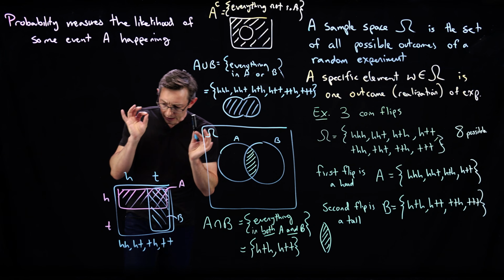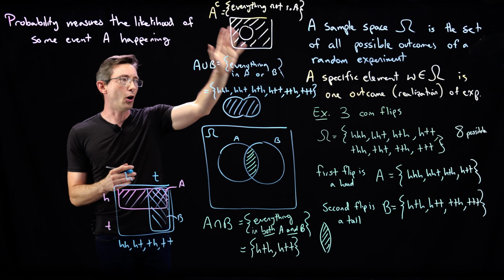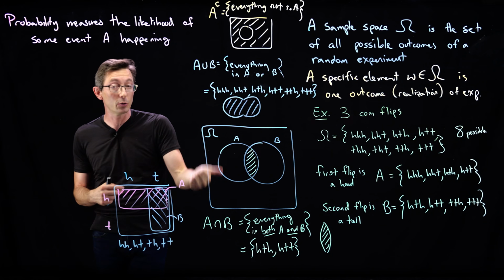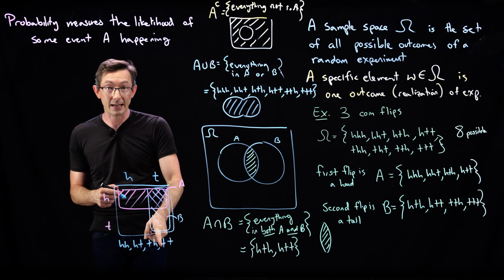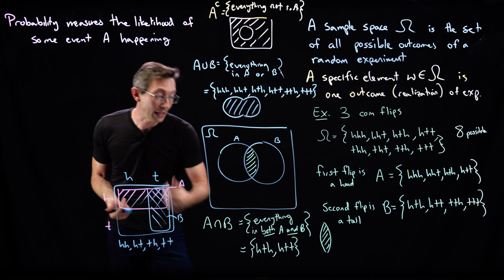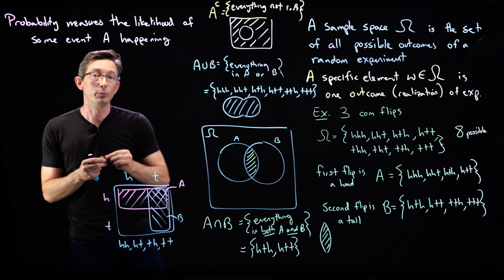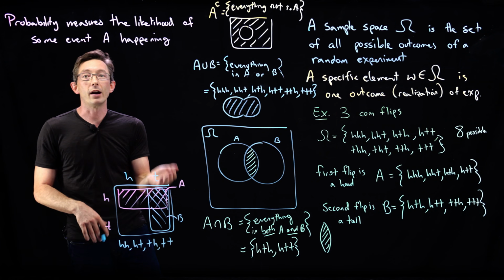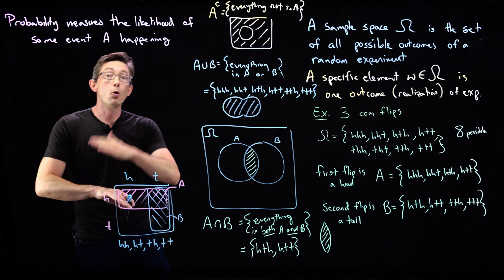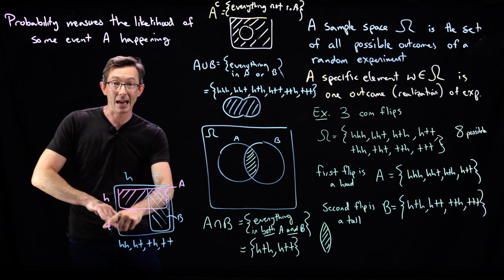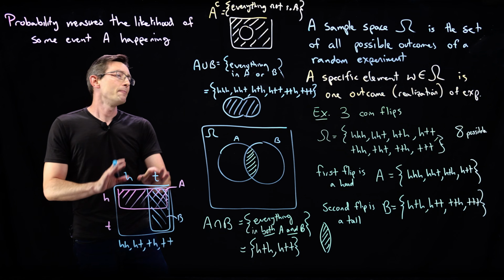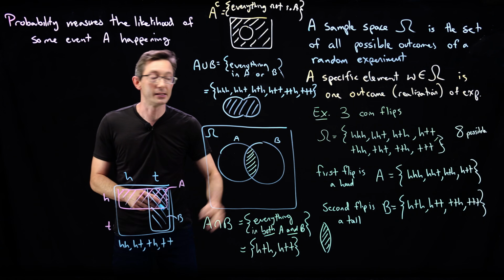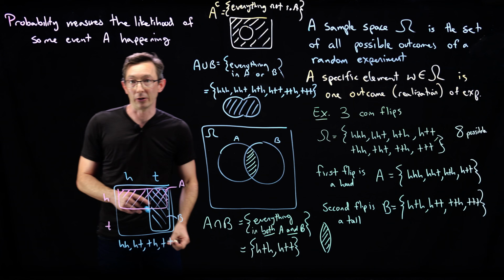Now, in all of our examples, we've dealt with events that have equal probability. It's equally likely to get a head or a tail, but I could have a biased coin. So before I shaved today, I was thinking about bringing a biased coin where it would have had a more likely chance of getting heads than tails, and then it would be a little bit different than just counting the number of outcomes of A divided by the number of outcomes of omega.